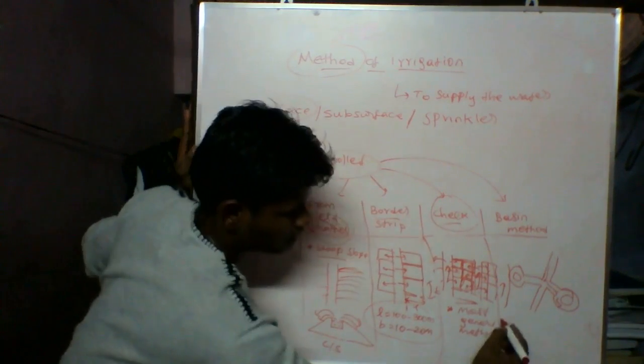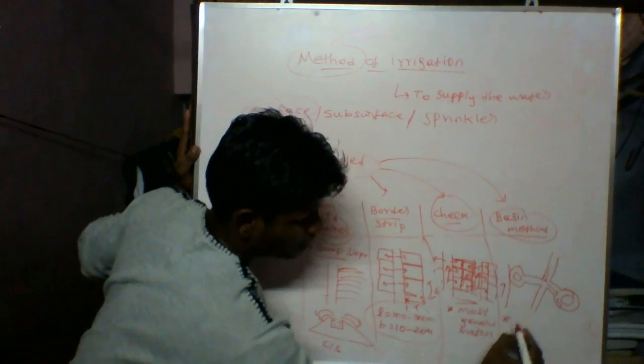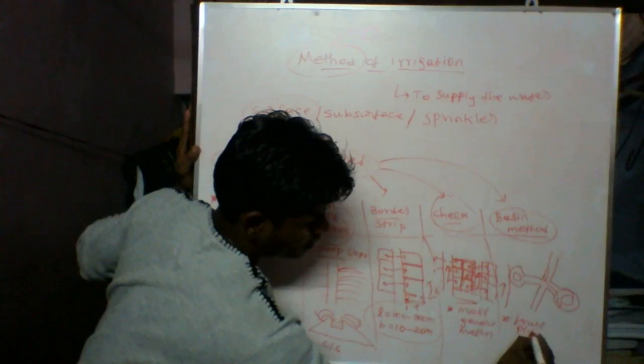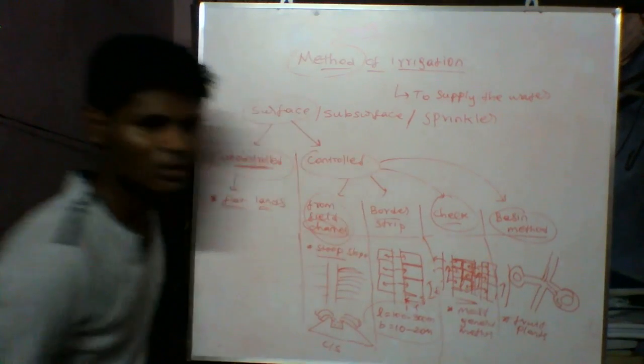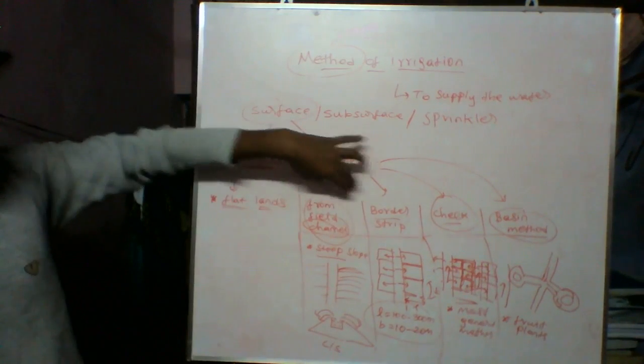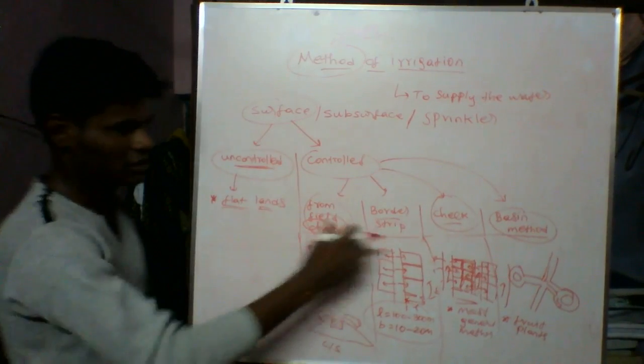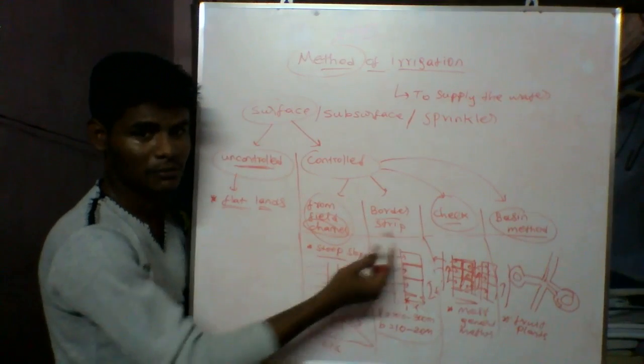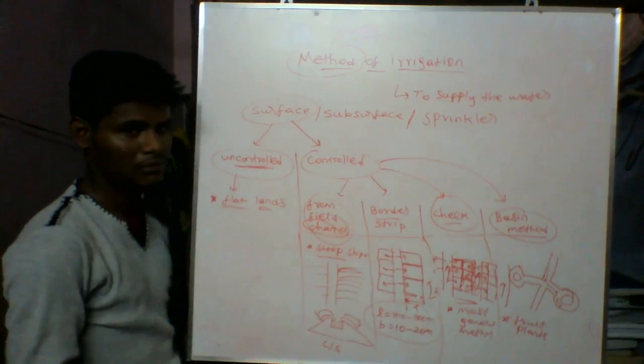This method is used for fruit plants. So the four methods under controlled irrigation are: from field channel, border strip method, check method and basin method.